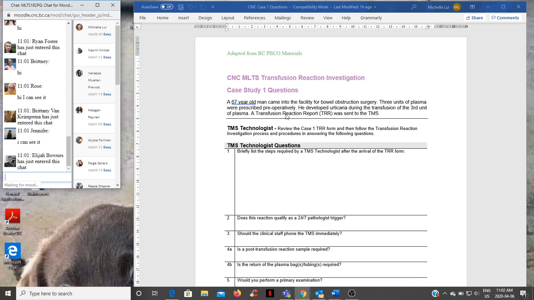A transfusion reaction report was sent to the transfusion medicine services, and the TMS tech, that would be you, review the case 1 transfusion reaction report form and then follow the transfusion reaction investigation process and procedures in answering the following questions. So let's have a look at the first case here.